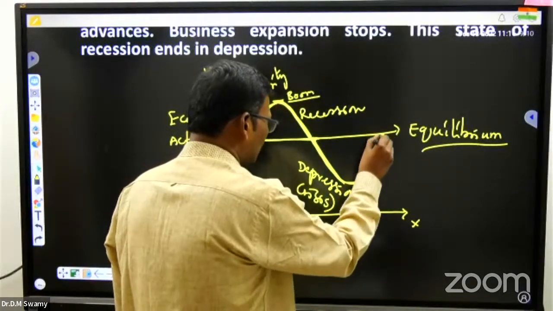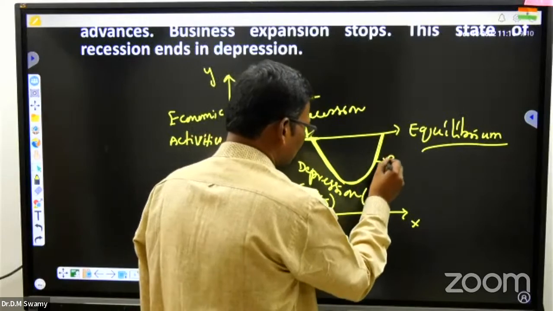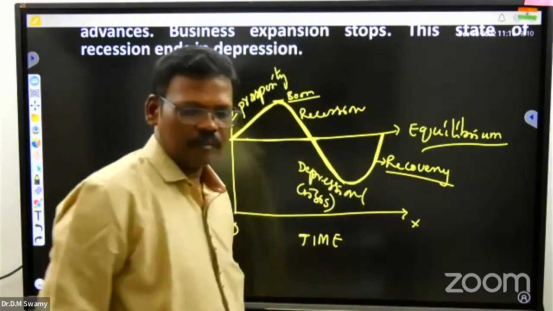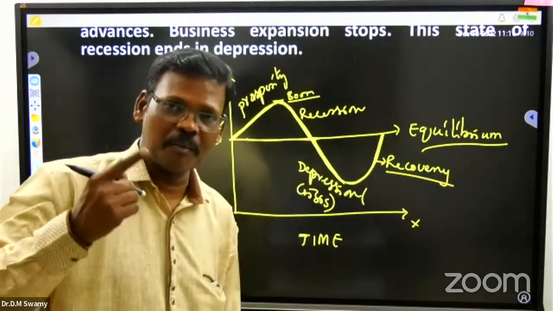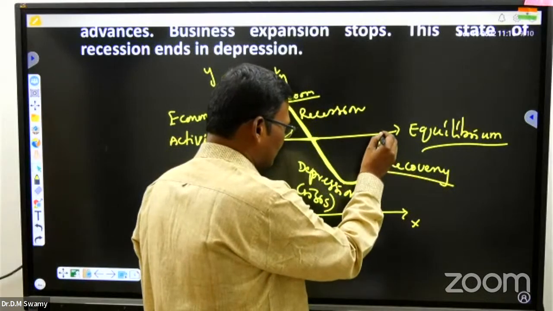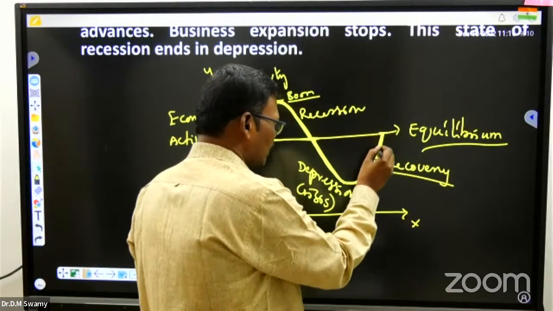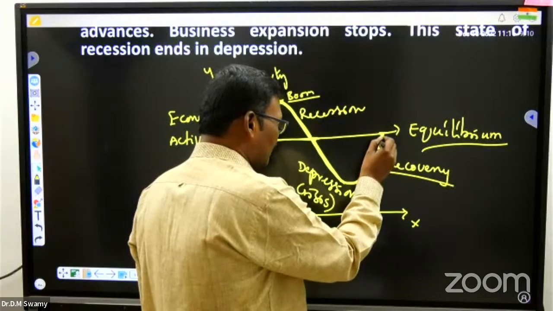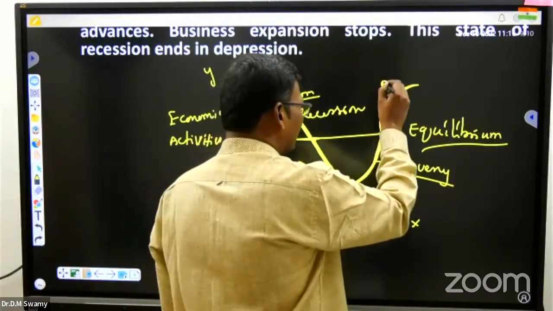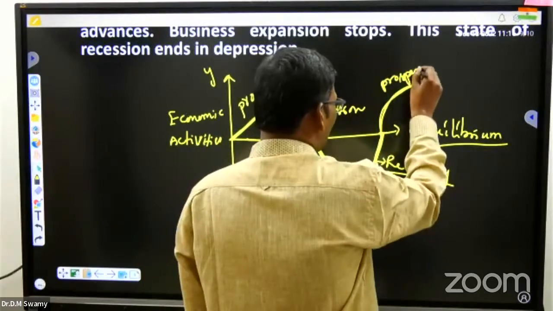Once the economy recovers, it will go to the equilibrium condition. If economic activities increase further above that, it is called prosperity again.